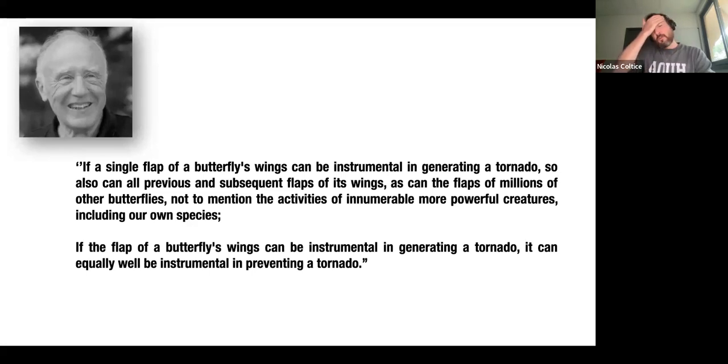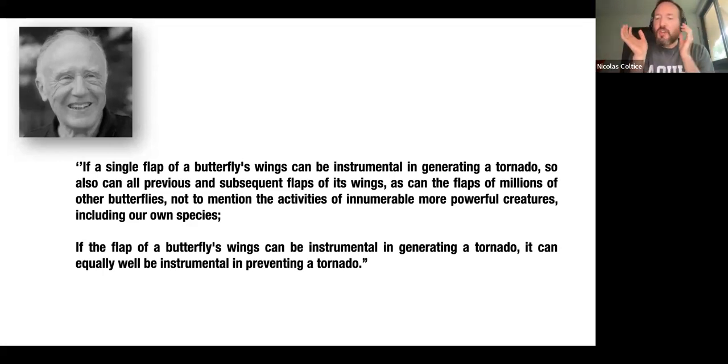So why do I talk to you about this butterfly effect and give you this quote? It's just to say that in a self-organizing system, it's very difficult to say there is a rift in Asia somewhere because there was a plume there or a subduction started there.